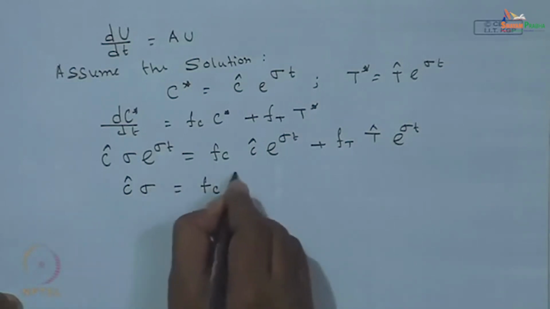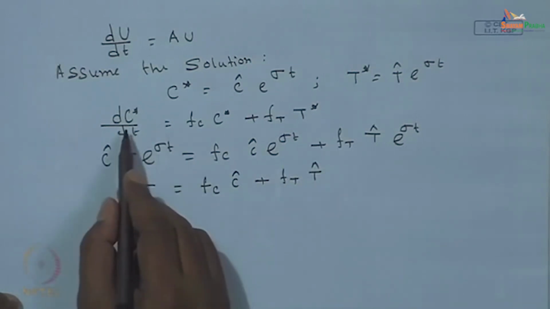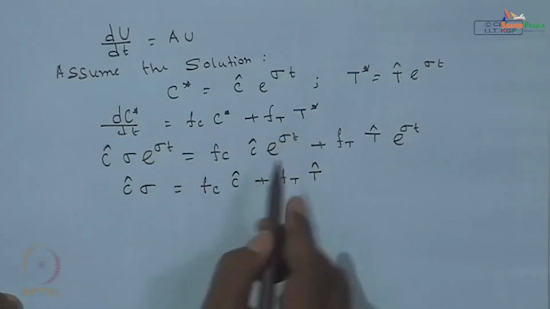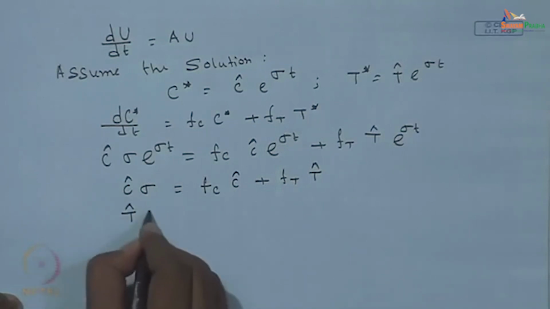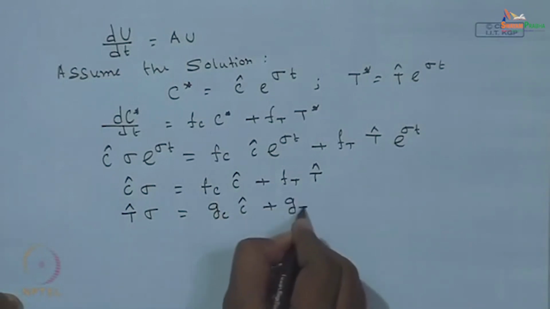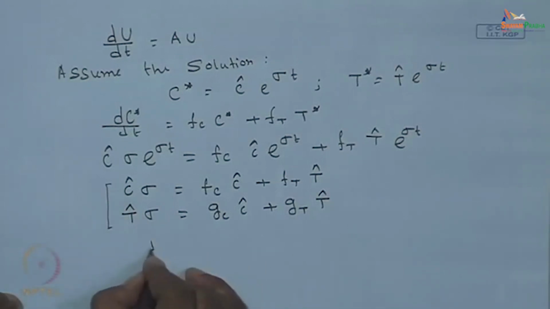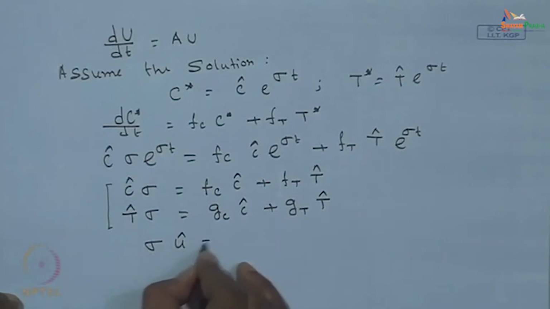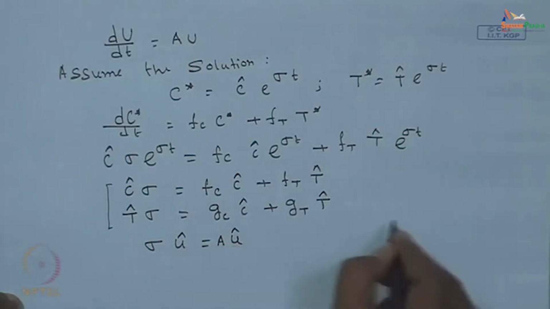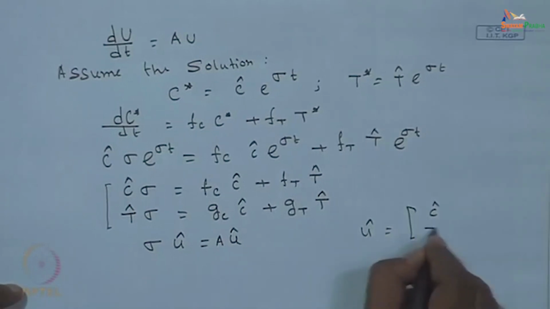We get C hat sigma as f_c C hat plus f_t T hat, and from the other equation, dT star/dt is equal to g_c C star plus g_t T star, we will be getting T hat sigma is equal to g_c C hat plus g_t T hat. In the compact notation you can write this as sigma u hat is equal to A u hat, where u hat is the vector comprising the elements C hat and T hat.